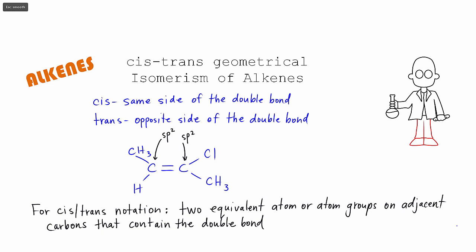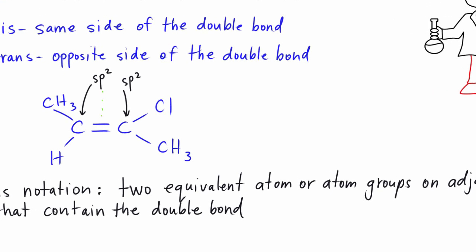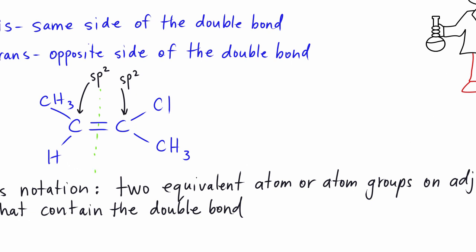Okay, so if we draw a line that bisects, this is what you need to do. You need to draw a line like this, or a dashed line, however you want to do it, that bisects the left and right sp2 hybridized carbons within that double bond.